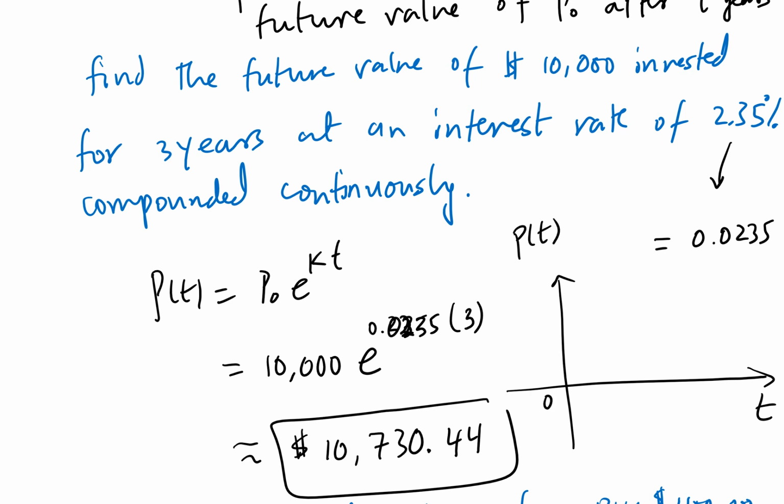You started at 10,000, so the value here was 10,000 at time T equals 0. And then this grew as time goes by, 1, 2, and 3. As time went by, the value here, that's called the future value, became $10,730.44.